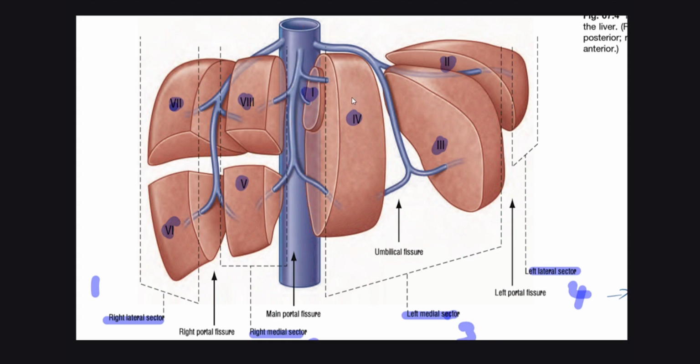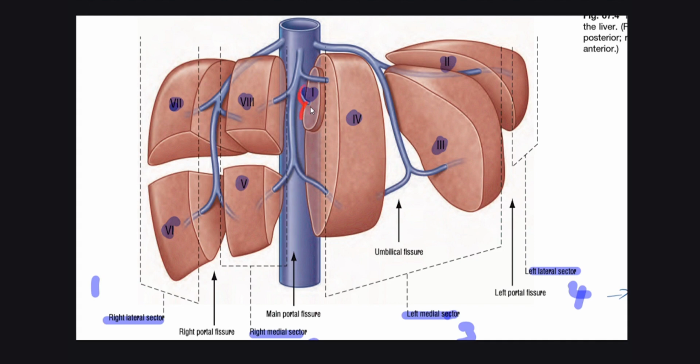And there is a division of the entire liver into two parts, namely the lateral side, and then the medial side, or the right side. So the right side and the left side, or the lateral side. The left side is divided into four parts: 1, 2, 3, and 4, going in a clockwise direction.